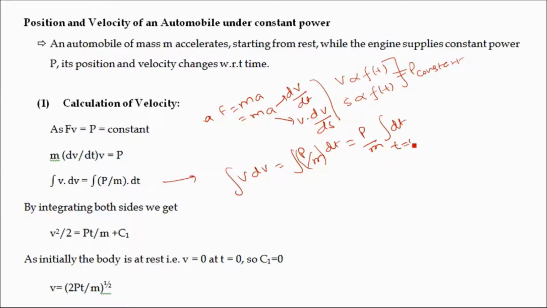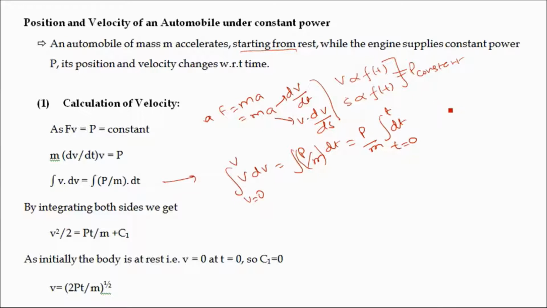If time is equal to 0, then the velocity will be 0, as the particle is starting from rest. So at t equal to 0, on the left hand side v is 0, while at time t we have velocity v.